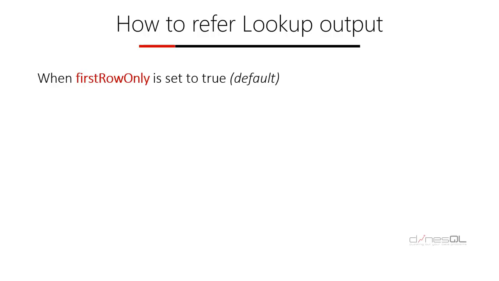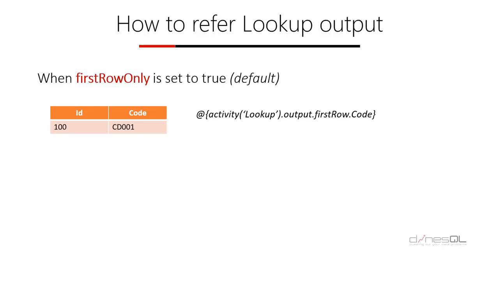Now we talk about singleton and array of attributes. There's a property called first row only. If I have set this first row only as true, which is the default, I'll be getting only one record. So in that case, if I want to refer to a column coming from my data set, this is how the expression has to be written. Assume that I'm referring to a data set that has two columns, ID and code, and since I have set first row only as true, I'll be getting only one record, which means ID has 100, code has CD001.